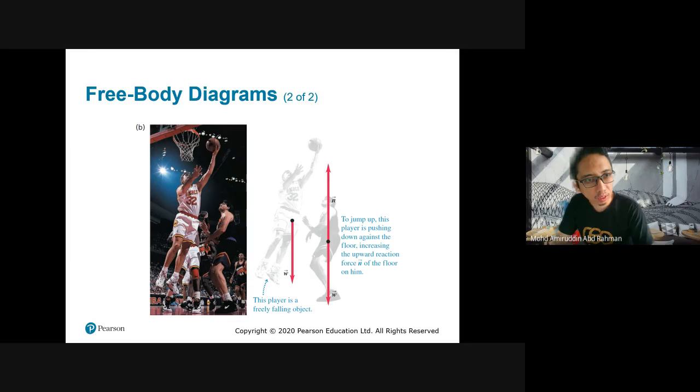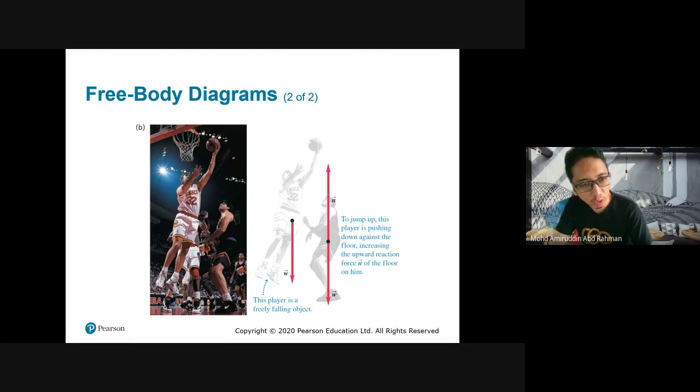Okay, so using the basketball game, we have one player jumping, and then you see the other guy wants to defend by blocking the player in the white shirt.